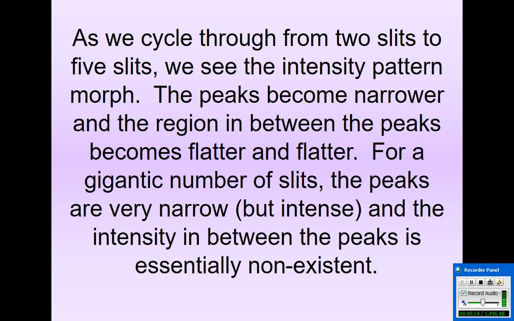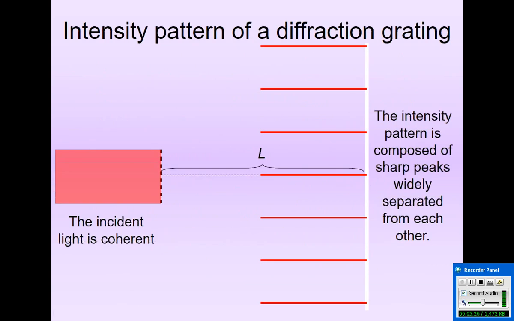So the peaks are getting narrower and narrower to indicate that the bright spots are getting more and more focused, but they are also getting more widely separated. What we would see in a diffraction grating intensity pattern are these intense bright spots that are evenly or close to evenly spaced from each other.